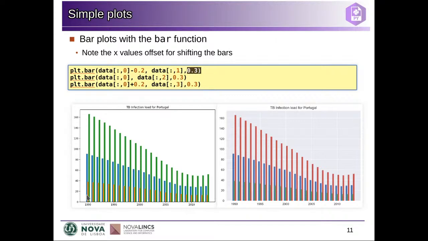And so if you don't want your bars to be overlapping, you need to put some offset to your bars so that they are changed in position one relative to the other. So in this case, one is drawn in the middle of the year minus 0.2, the other in the middle of the year, and the other in the middle plus 0.2. So you get this effect here for the years. You also have different options for colors and so on.